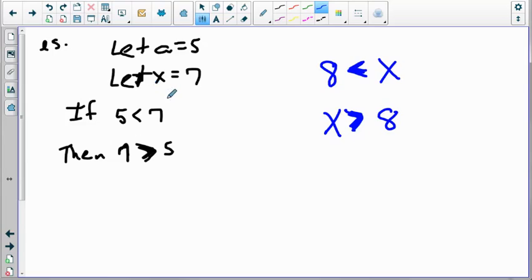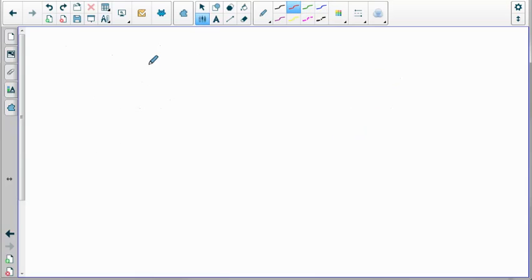Okay, so now let's look at the second exception. The second exception is sometimes you have to flip the sign. That's why I said sometimes you have to flip the sign. All right. So when does that happen? Well, let's look at that.